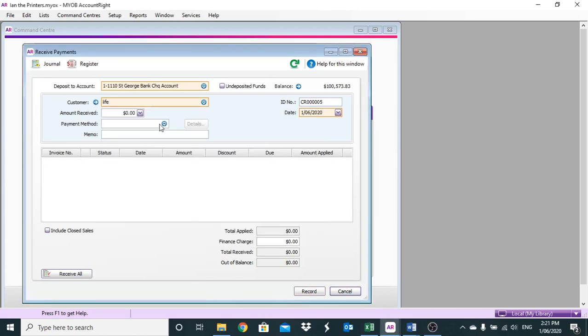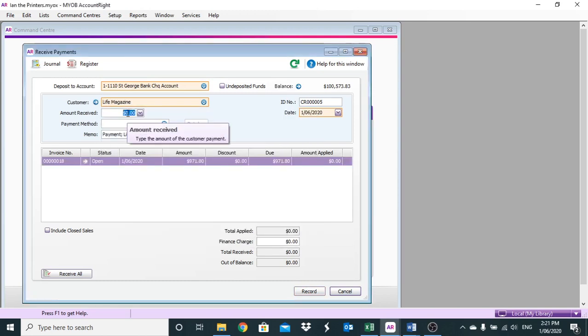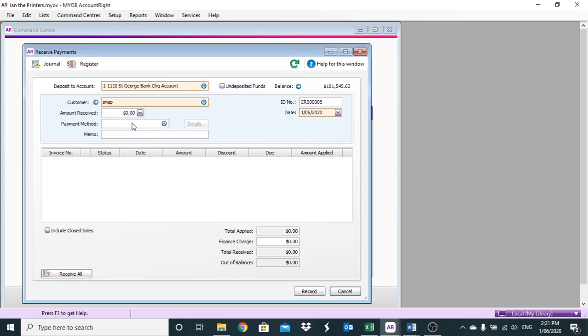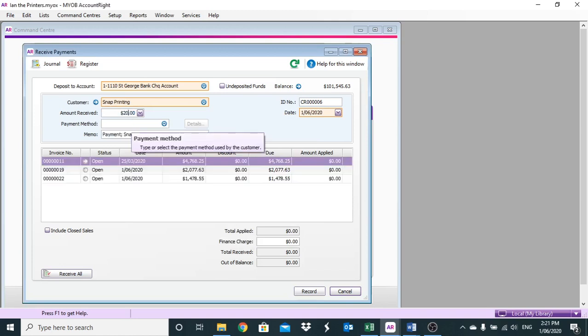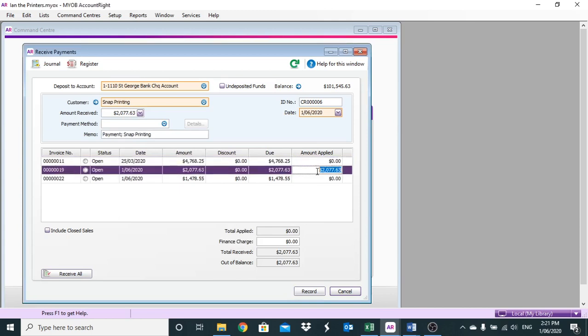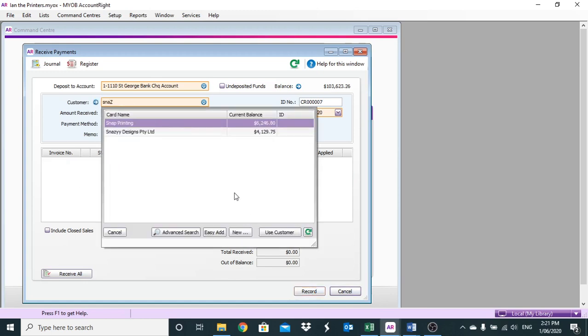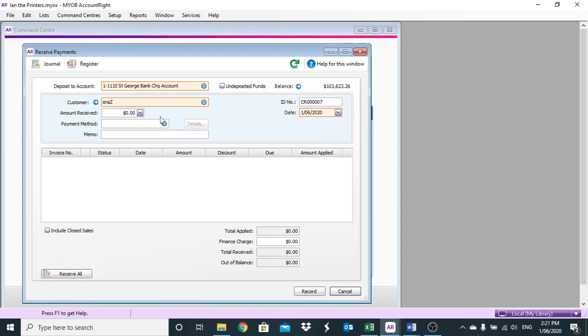Magazine. 971 cents. Printing. 2077 and 63 cents. Snappy design. 979.